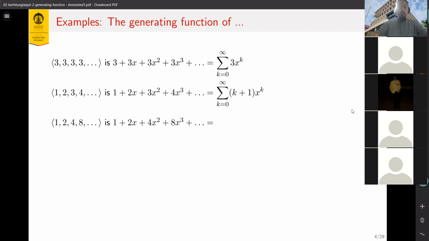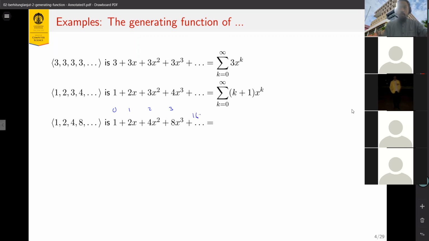Is it k times 2, sir? Is it really k times 2? This is k0, this is k1, this is k2, this is k3. What will be the next term?